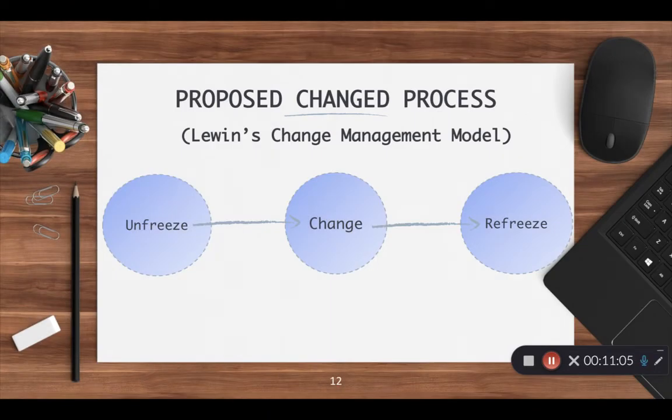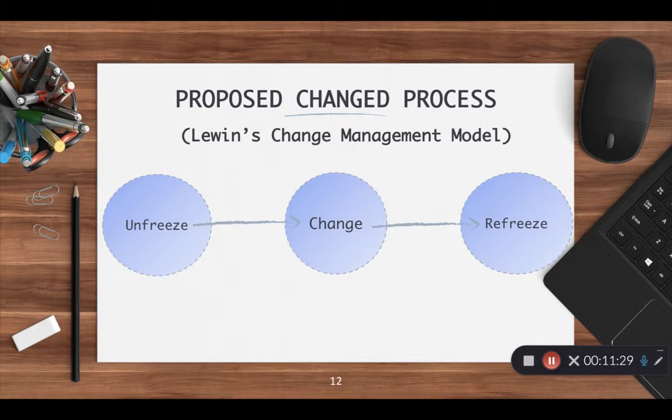So, the proposed change process. The change model that I focused on was Lewin's change management model. I went through the list of the different models, and I felt this one correlated more with the educational aspect of ADHD and the symptoms and trying to implement this change in classroom interventions.